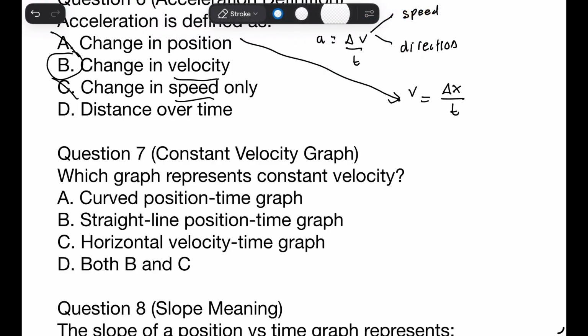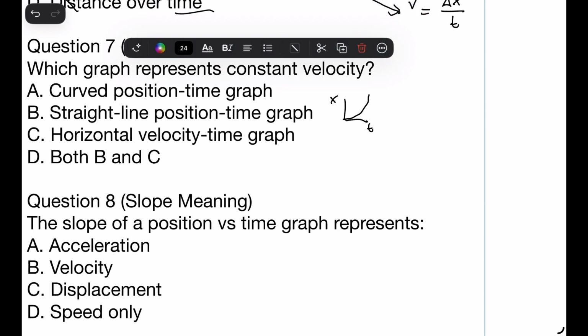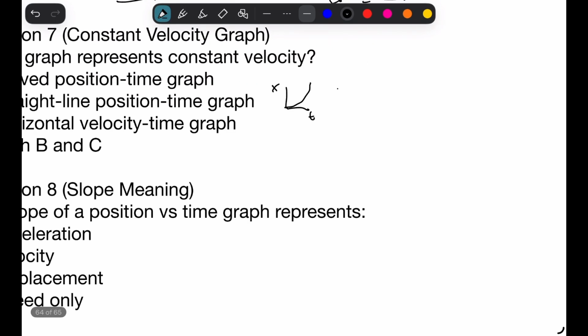Now, which graph represents constant velocity? If you have constant velocity, we have to look at what each of these look like. So if we have x versus t, and it's a curve, that means that for a position time graph to have a constant velocity, you're going to have a straight line, because whenever we're finding the slope, m, that's going to be the change in our y direction versus our change in x direction.